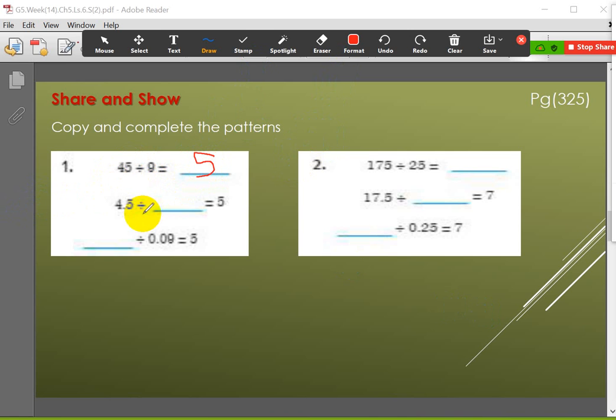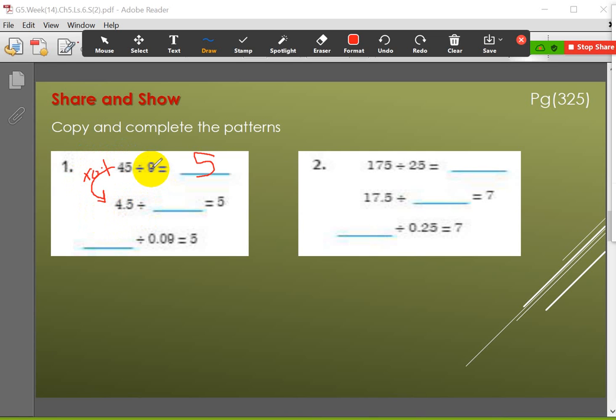So if I want to divide 4.5 by a number, the answer will be the same, 5. You know that you can use the pattern here. Which pattern do I have to use here? The pattern is you have to multiply with 0.1. If you multiply this 45 with 0.1, it becomes 4.5.